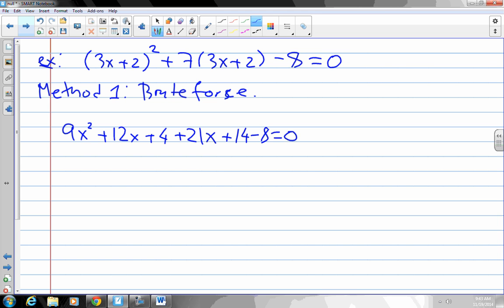Right? Combine like terms, what do we get? 9x squared plus 35x, right? Plus 10 equals 0. We can probably factor that.